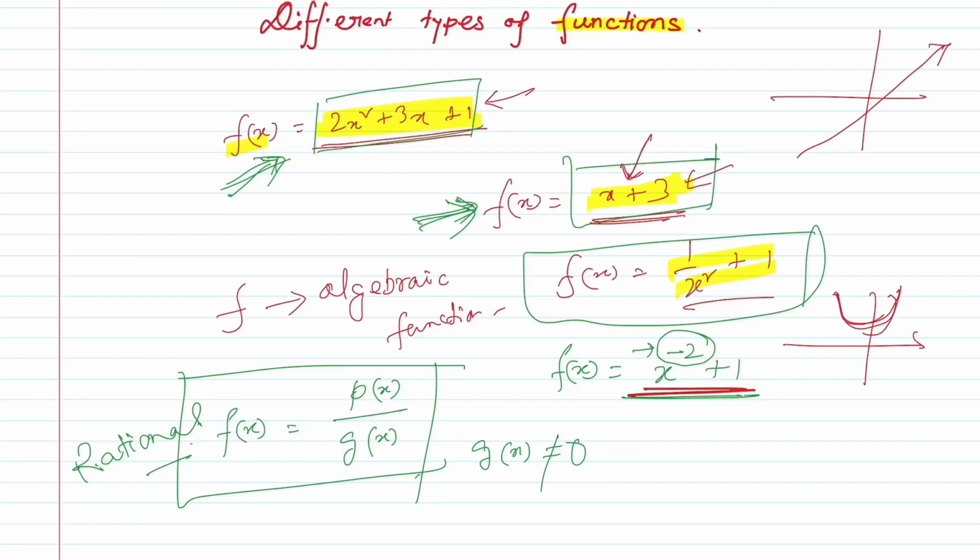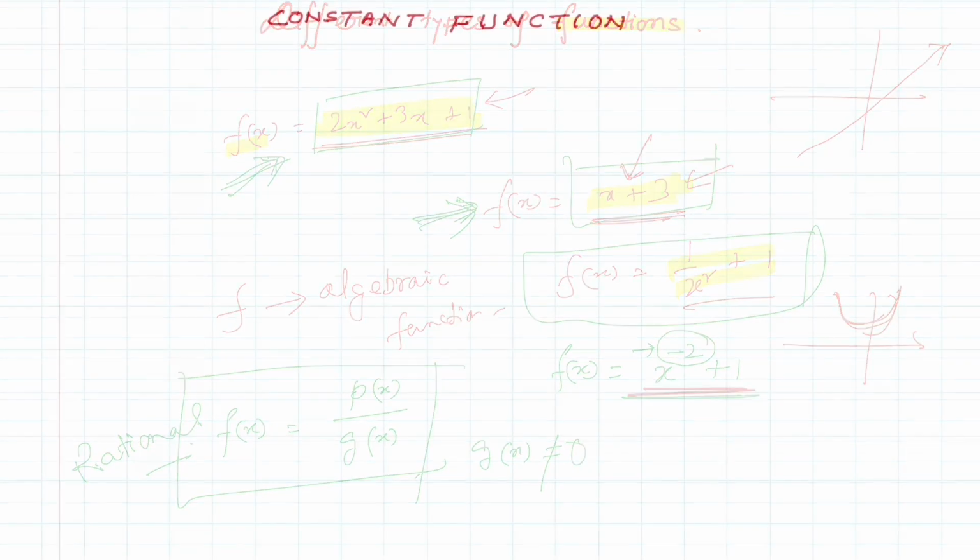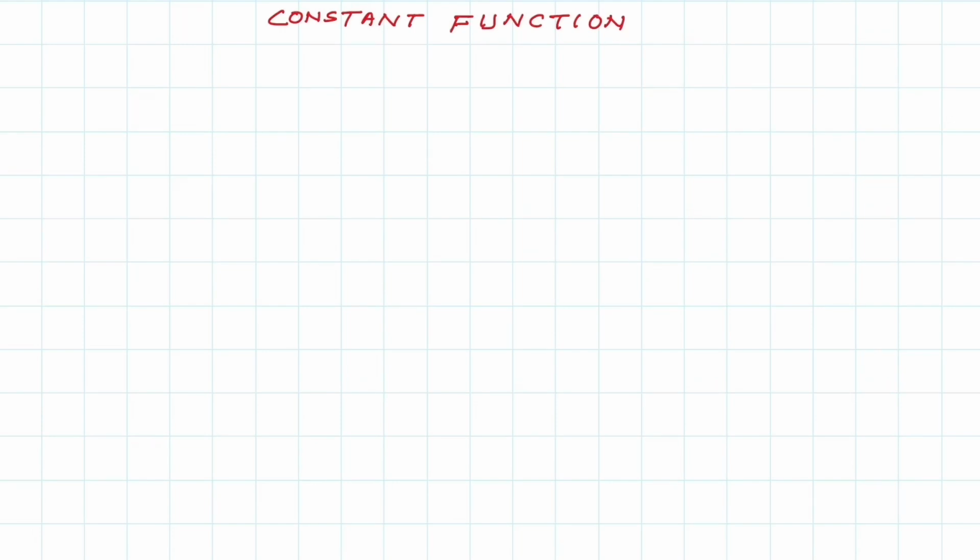What is a constant function? Suppose we have a function such that f(x) is equal to 3. It doesn't matter what value of x you put here, this function always gives you 3. If you put x is equal to 0, then also you will get f(x) is equal to 3.